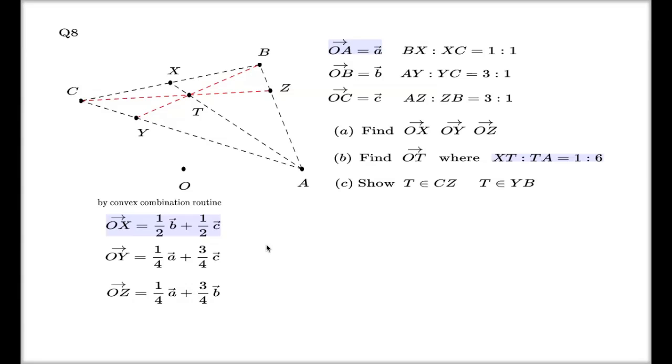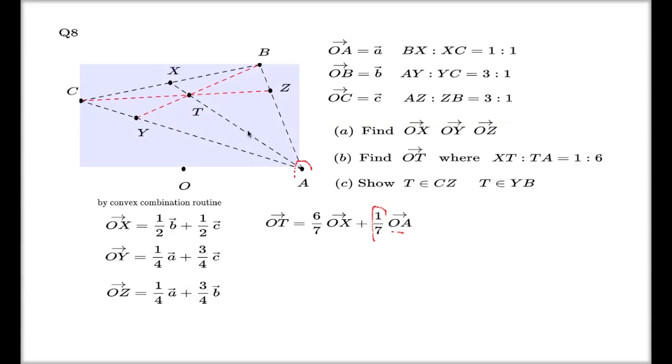So if I use my subroutine, and this time let me do it symbolically first, that's how my OT vector will be given via convex combination. Look at this. 6/7 contribution of the OX vector from this side, and 1/7 contribution of the OA vector from this side.